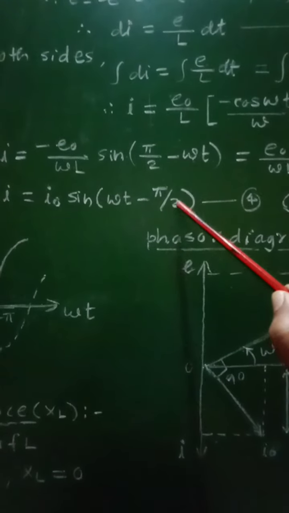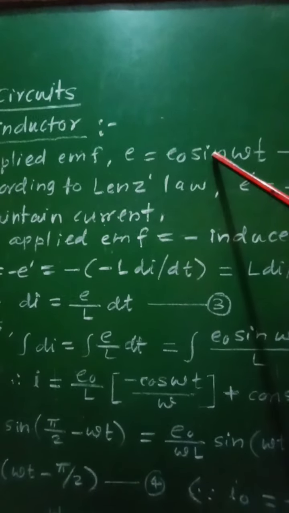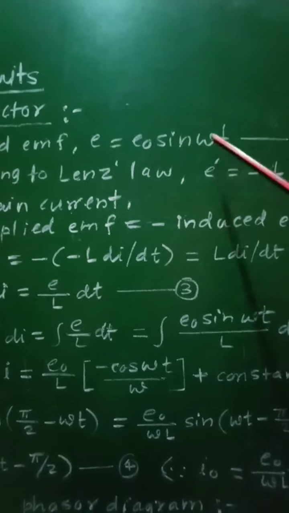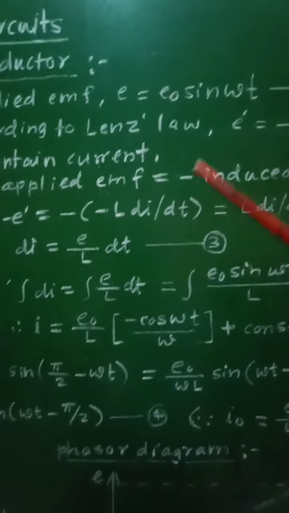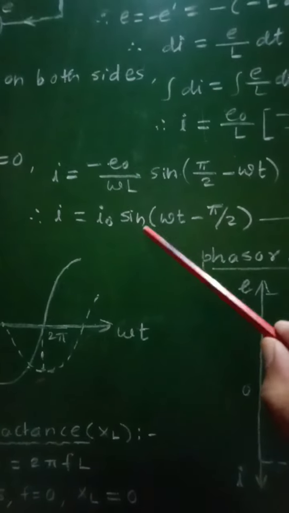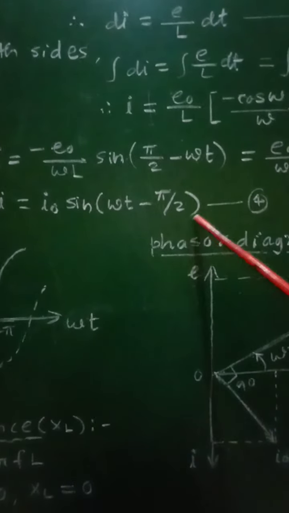Now consider equation 4 and equation 1: E is equal to E0 sin omega t, that is the applied EMF, and the current is I0 sin(omega t minus pi by 2).